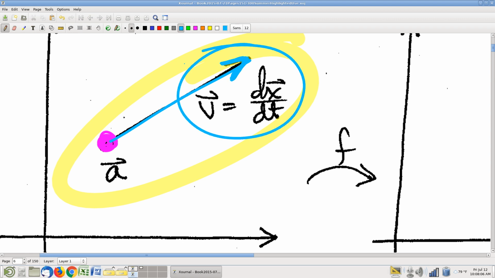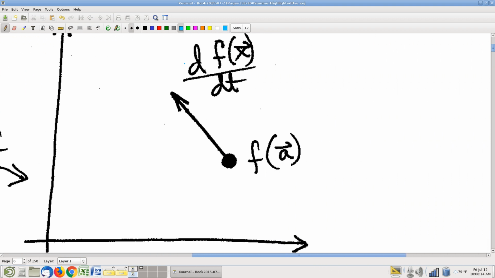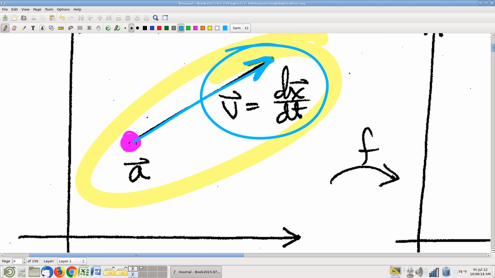So this input velocity describes what kind of a derivative I want. Namely, under what circumstances do I want to know the output velocity? This input velocity is one of the premises, one of the moving parts that goes into the definition of this directional derivative.